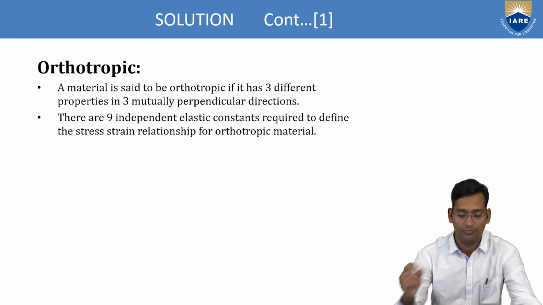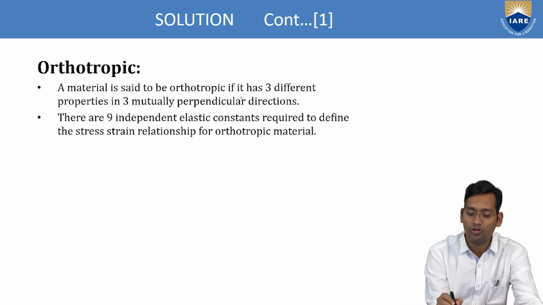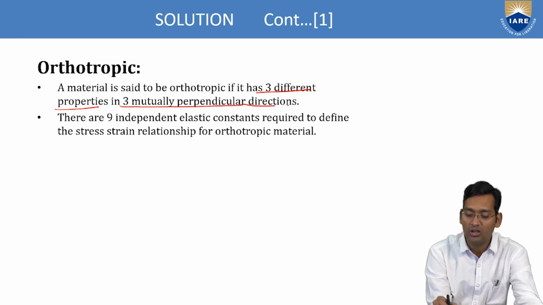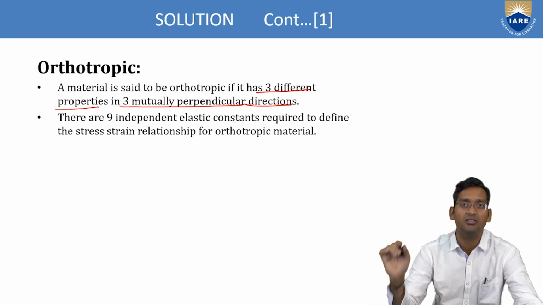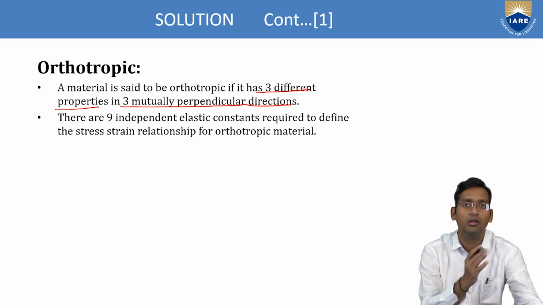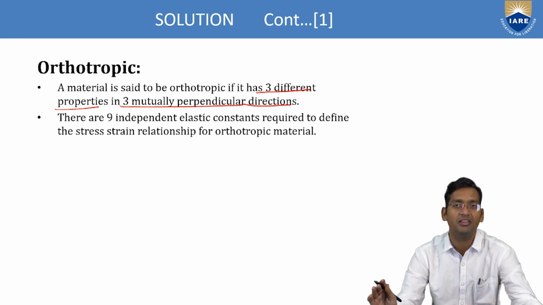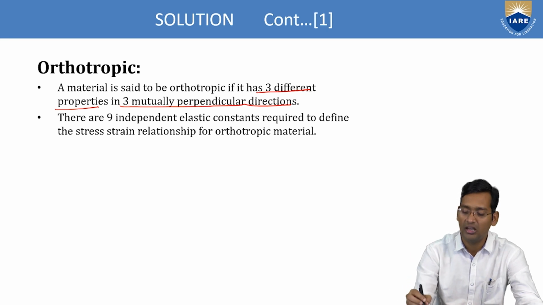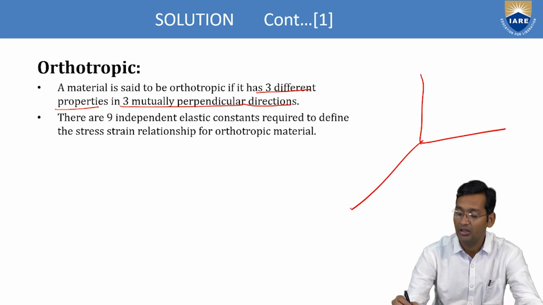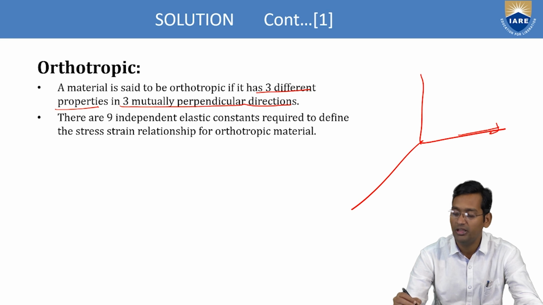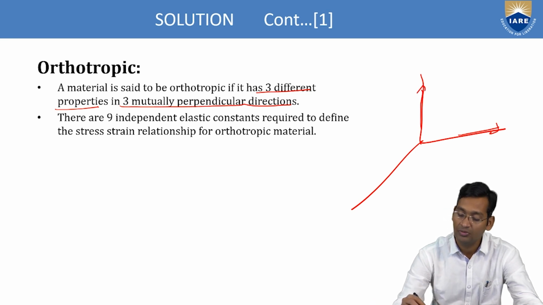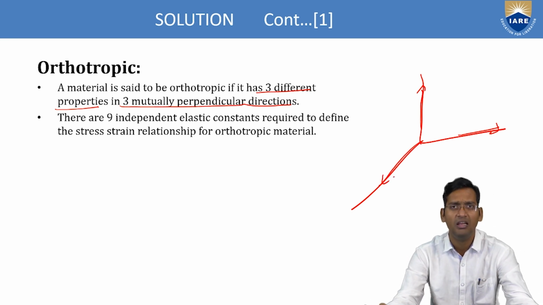Now orthotropic. A material is said to be orthotropic if it has 3 different properties in 3 mutually perpendicular directions. In the x direction it has one property, in the y direction some other property, and in the z direction also a different property. Whatever property is there in one direction won't be the same in the others.